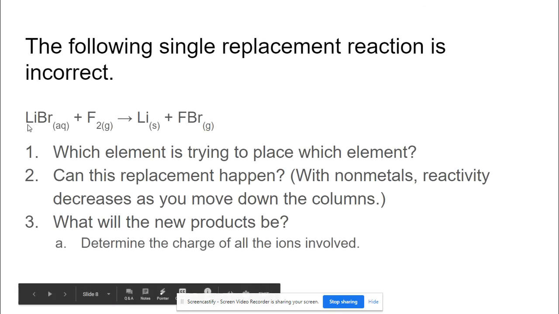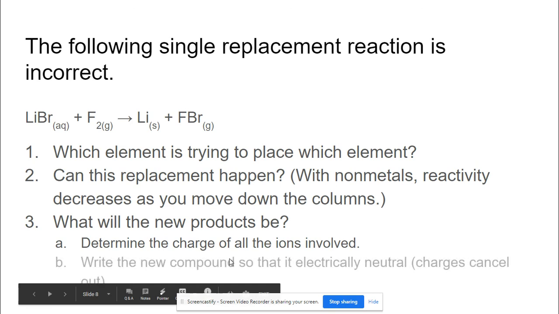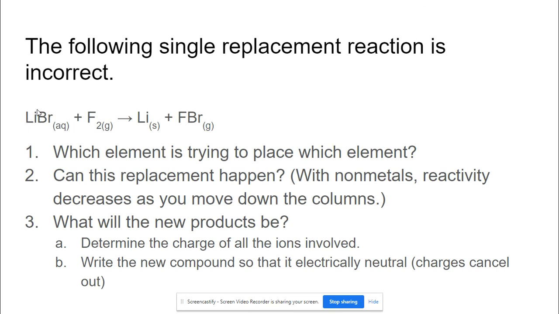Lithium is a +1, bromine is a -1, and fluorine is a -1. So what should the new product, the new compound, be? The new compound should be lithium combined with fluorine, the positive with the negative, +1, -1, so it should be LiF, and then bromine should be the single element by itself.